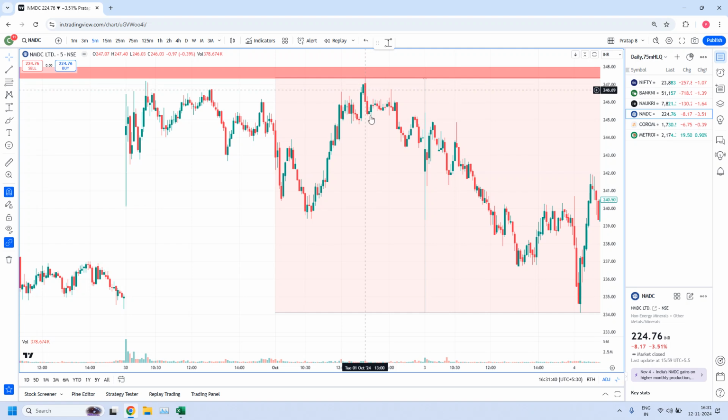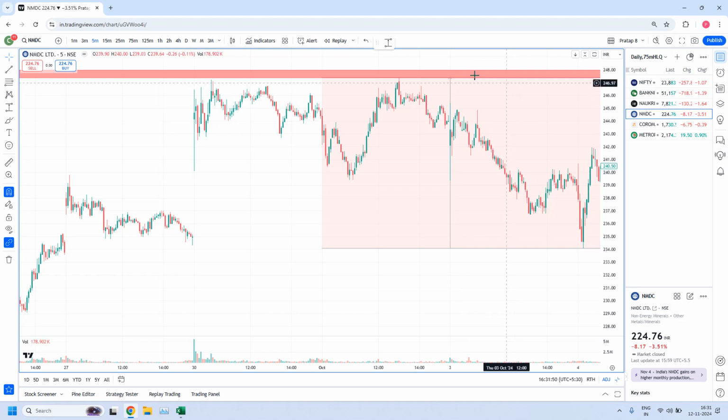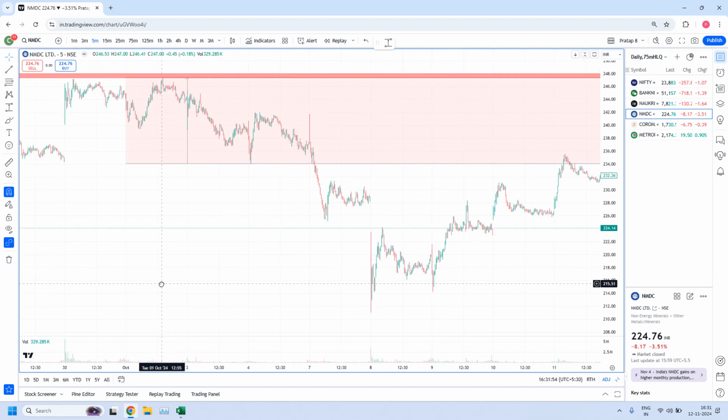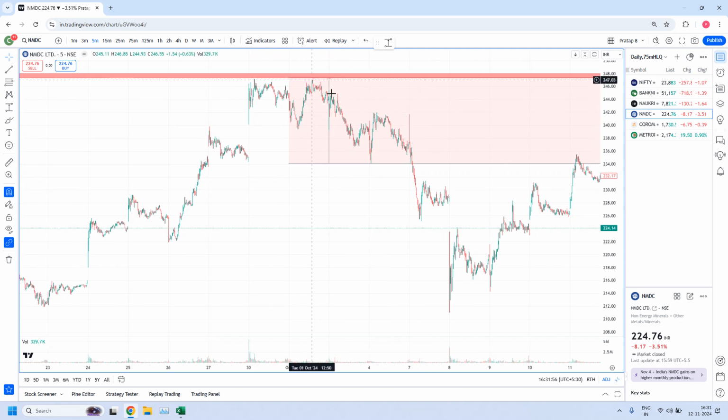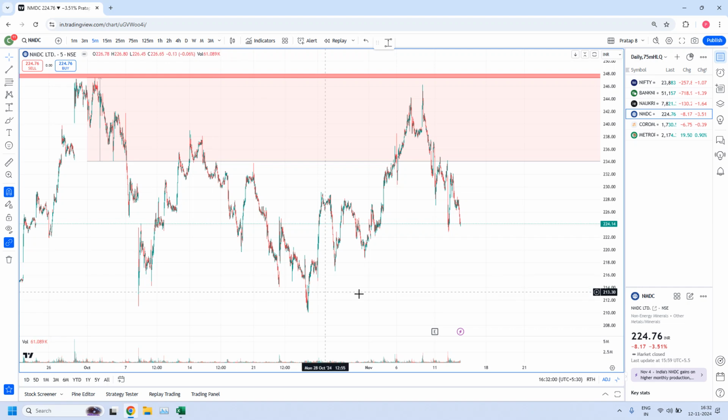And this is the time actually the zone was created by picking the orders, and see how sharply prices moved. That means more order flow is added in this area. In this area, institutions will keep on adding new order flows again and again. So that way prices moved down.